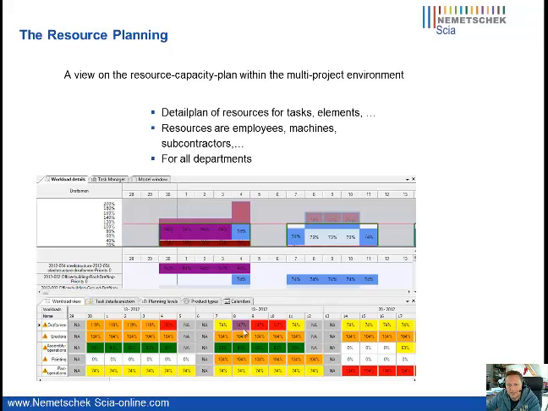And if we click on a certain area, in this case the area for the draftsmen, we see how these items are consumed, what they have to do in a certain period.